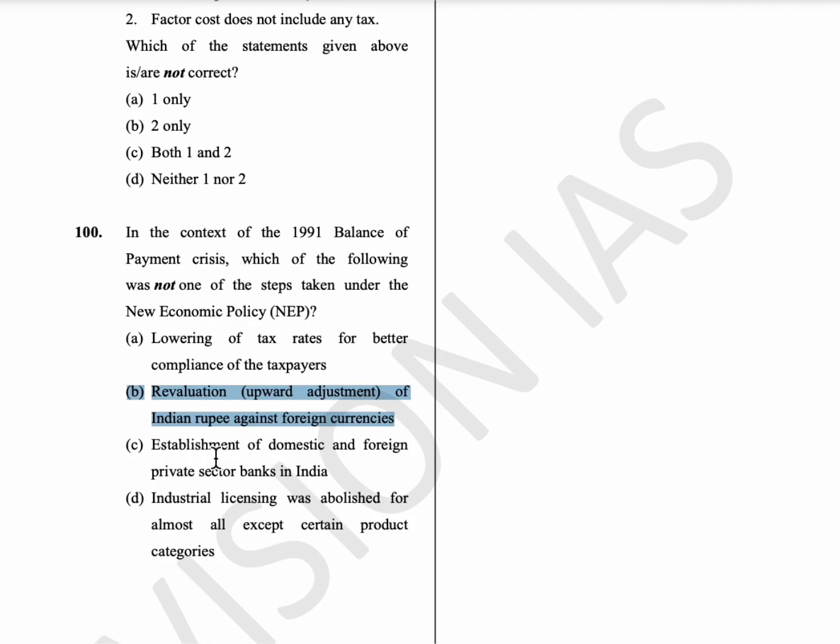Next is establishment of domestic and foreign private sector banks in India, and industrial licensing was abolished for almost all except certain product categories. So option B, revaluation of Indian rupee against foreign currencies, is not the step taken under the new economic policy. So option B is the answer.